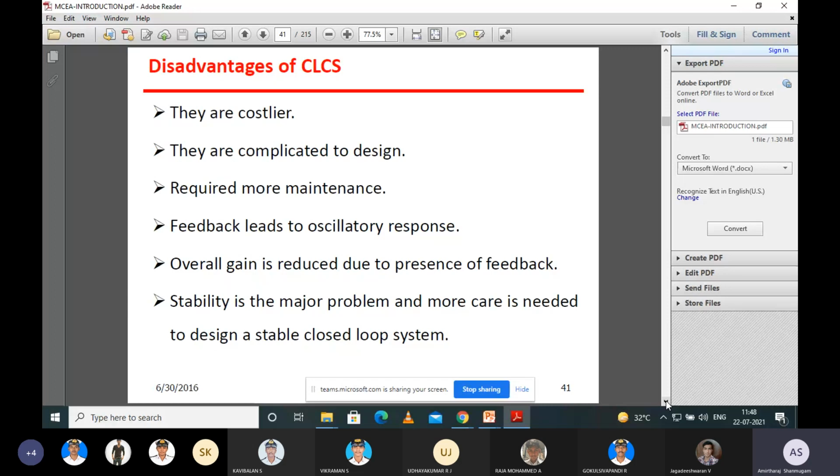Feedback leads to oscillated response. We need to control the oscillation, to get dampened oscillation, and overall gain is reduced due to the presence of feedback. Stability is the major problem. We should take care to get the feedback signal.